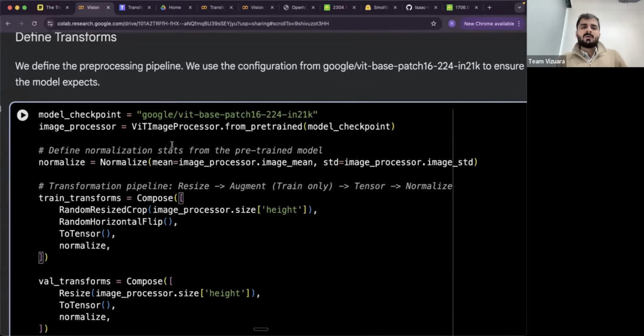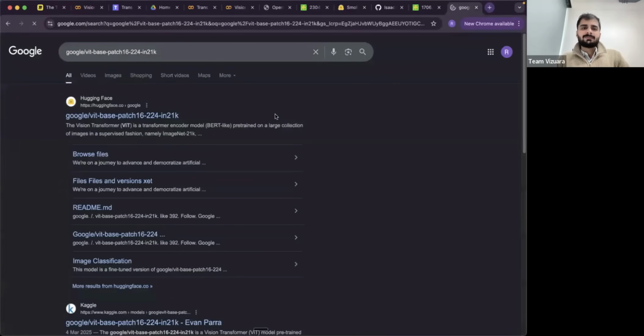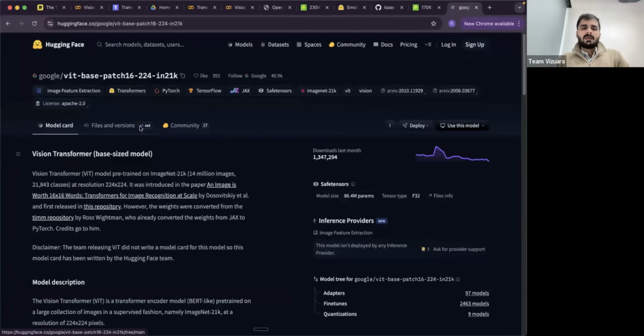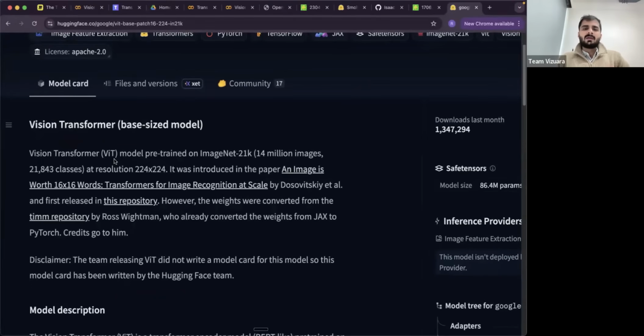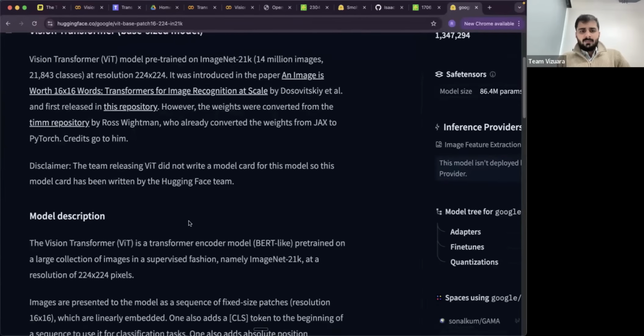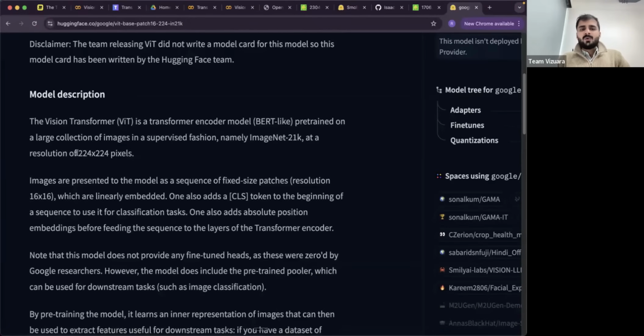Also here you see we are loading a model checkpoint which is called Google ViT. If you just copy this and paste it in a separate tab, this is a vision transformer model which is developed at Google, and it is trained on a large collection of images, namely ImageNet 21k, at a resolution of 224 by 224 pixels.